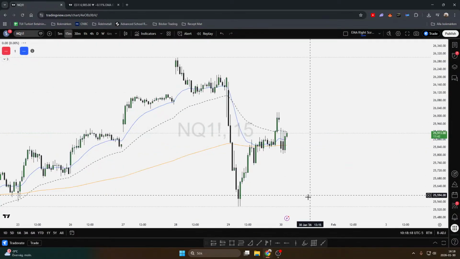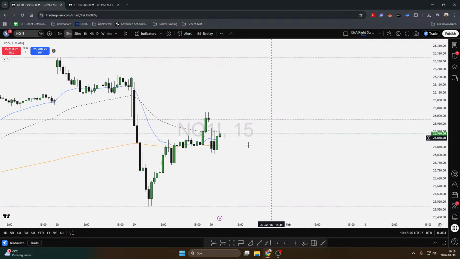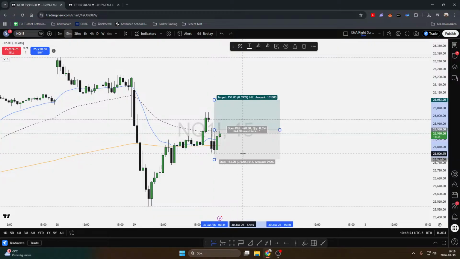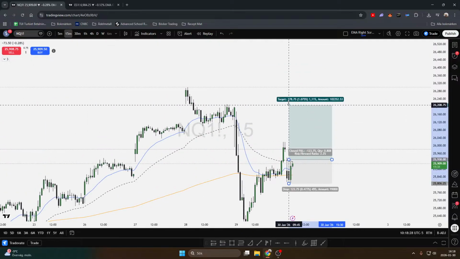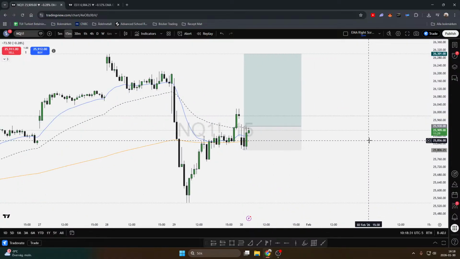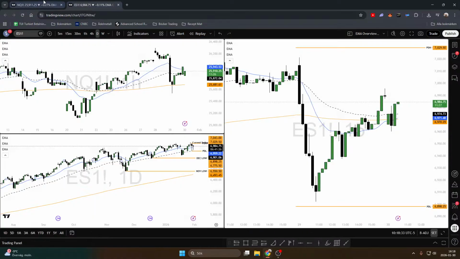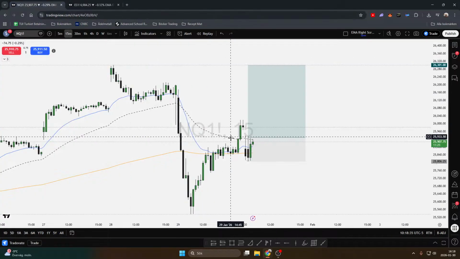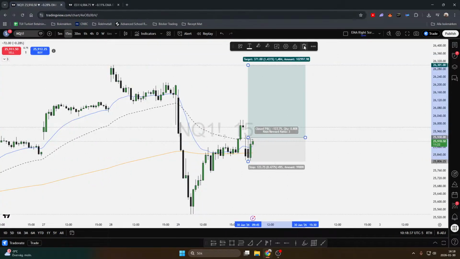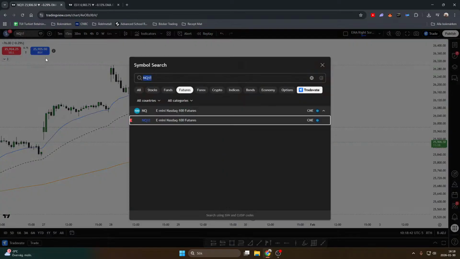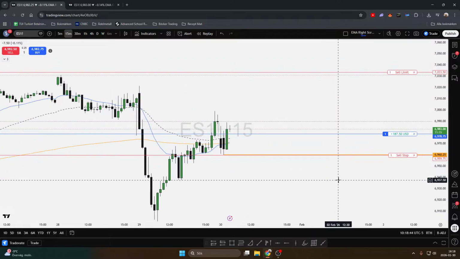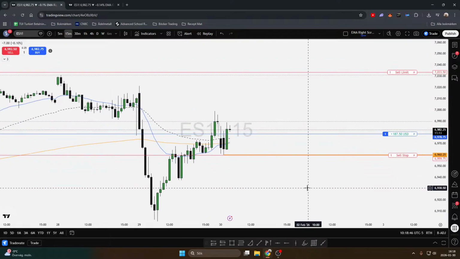I used to trade Nasdaq, but I recently decided to go over to ES because my mentor trades it, so I think it's a good thing to trade for that purpose as well. It's very slow, so you have time to think about the setups, how you should trade them.